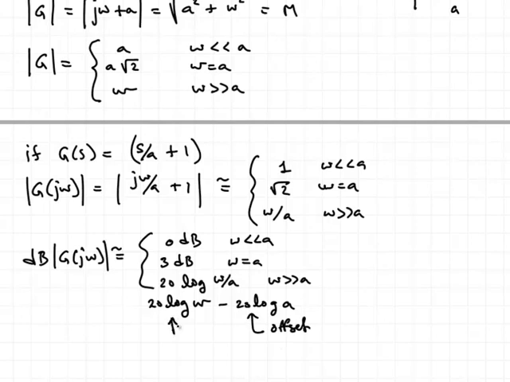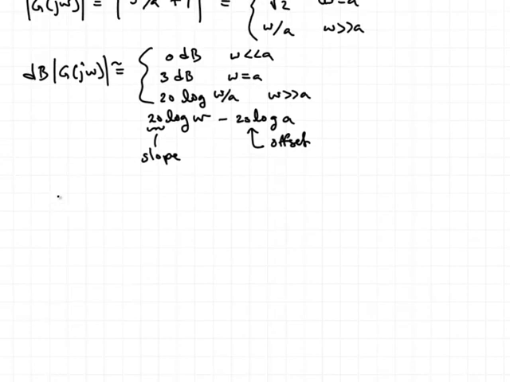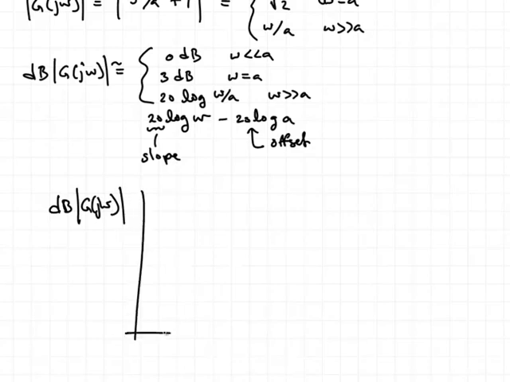But this right here determines the slope. In fact, this right here is the slope if we plot the decibel of g of j omega. We plot it versus not omega, but let's say versus the log of omega.